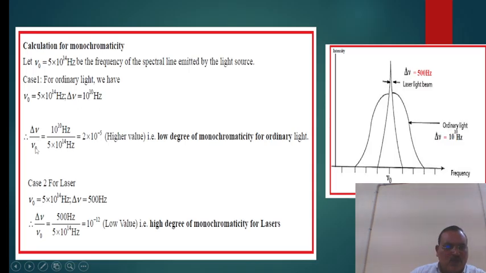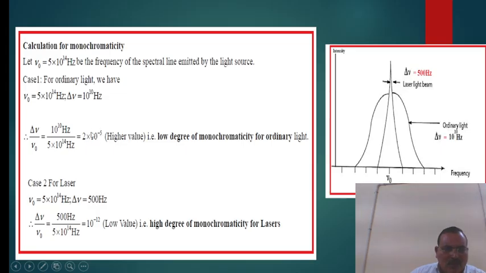Now the term del nu by nu naught comes to be 2 × 10^-5. This is the higher value, compared with the laser: if I have the laser, this term becomes 10^-12 because a 500 hertz frequency spread is there for laser, and there is the 2 × 10^-5 for ordinary light.